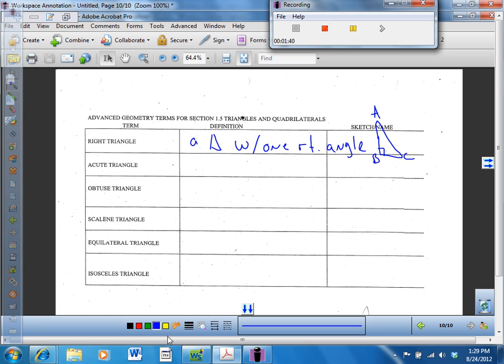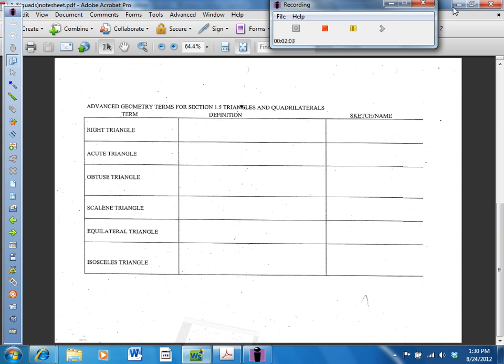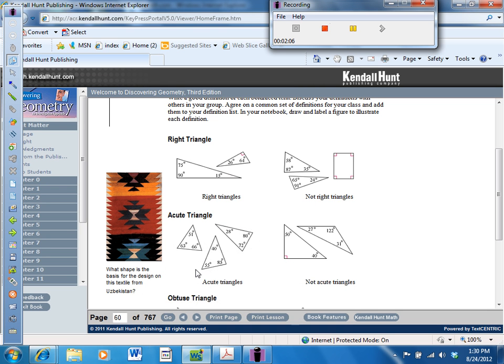Acute triangle. So let's get the pictures of acute triangles. What's an acute triangle? Who can tell me a definition of an acute triangle?